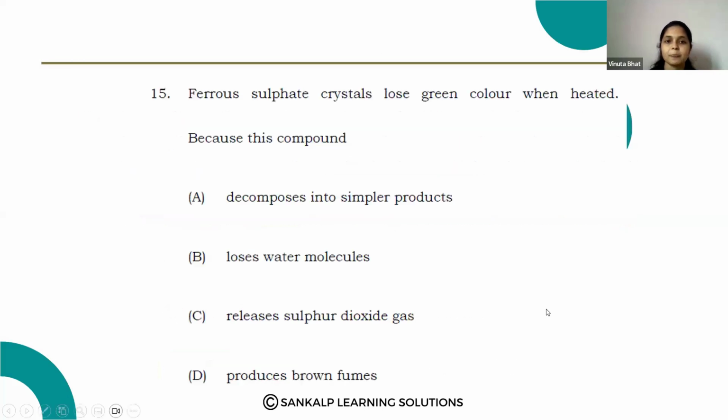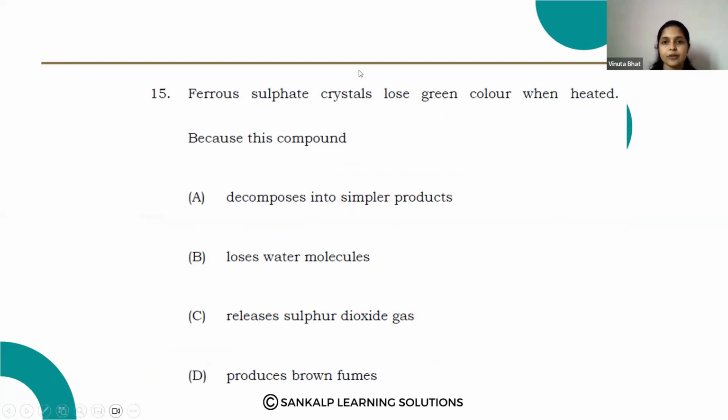Next question. Ferrous sulfate crystals lose green color when heated because this compound: option A decomposes into simpler products, loses water molecules, releases sulfur dioxide gas, produces brown fumes.